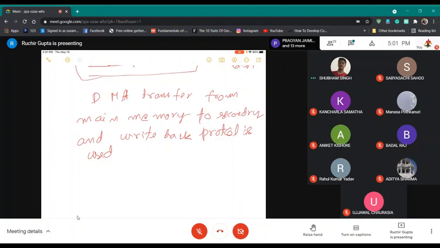This problem is called cache coherency problem.